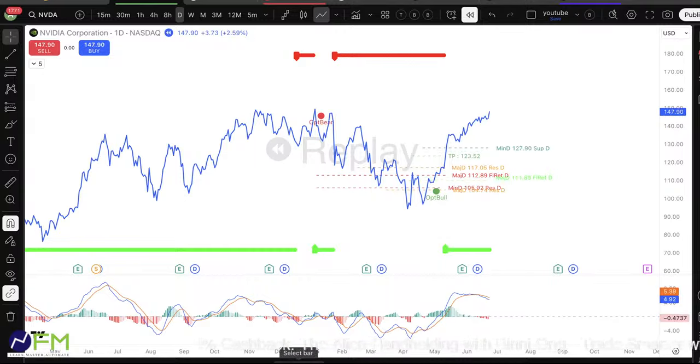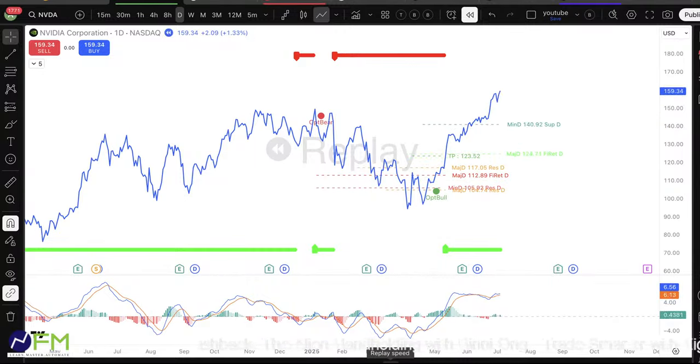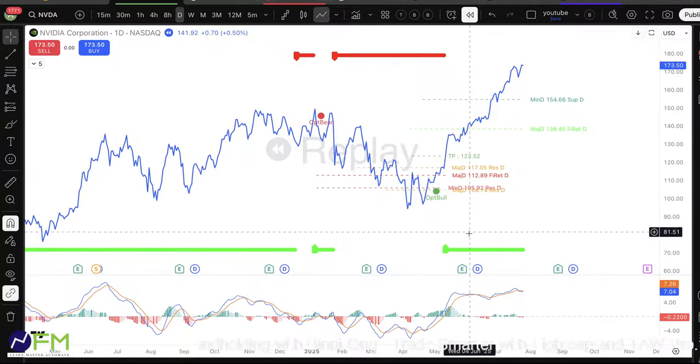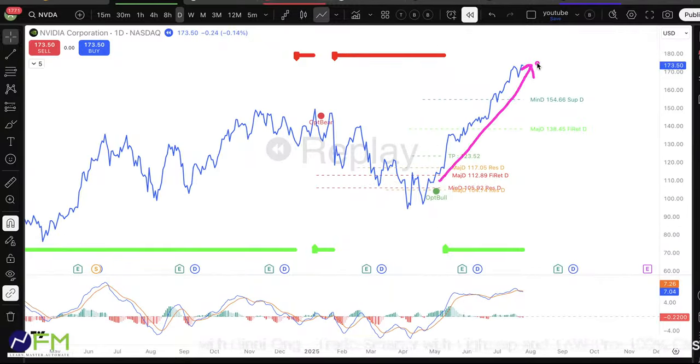I hope that I can just do this a little bit faster. So you can look at a success rate of 50%, but the rate of return, that means the reward versus the risk, is so much higher.